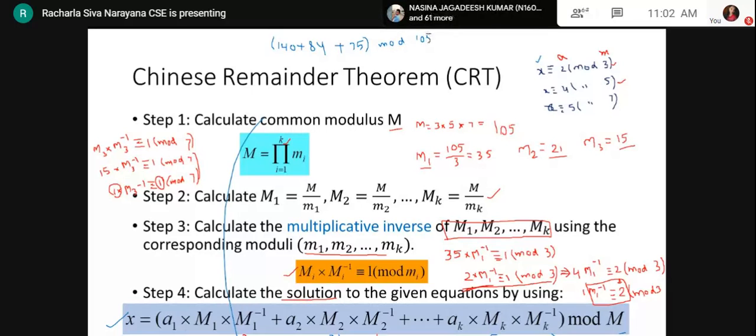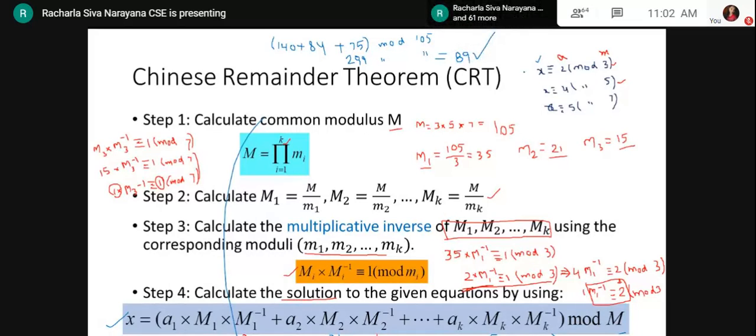So the value is 140 plus 84 plus 75, that is 299. So 299 mod 105, the remainder is 89. 89 is the x value. So this is the final answer.